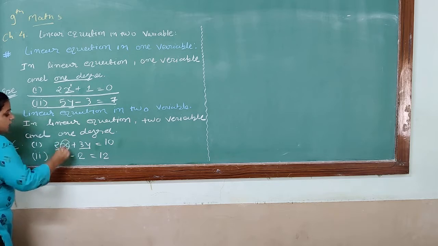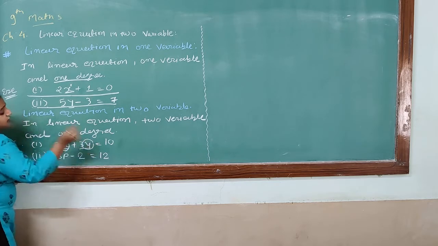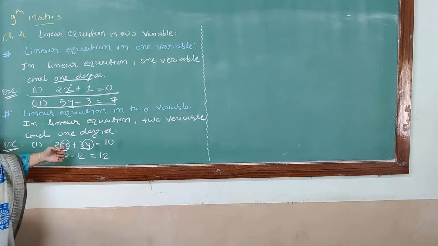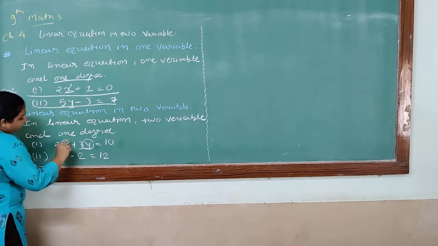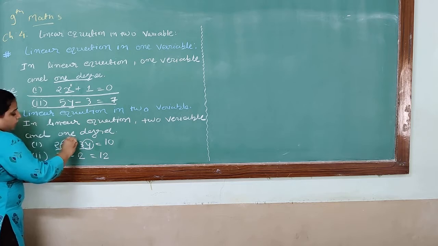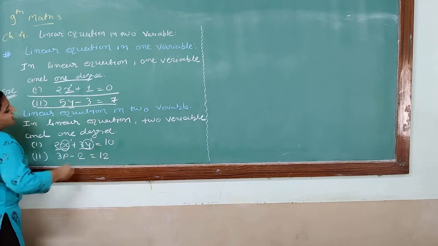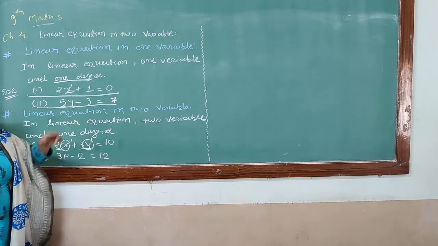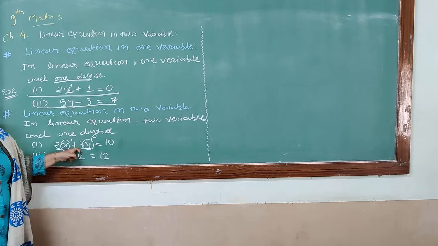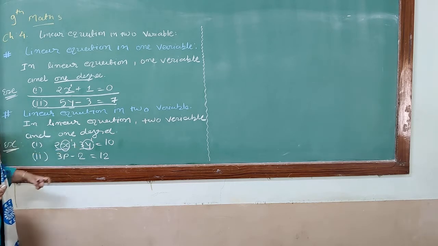So x is one variable and y is another variable. In this linear equation, two variables are there, but if you notice that x also has one exponent and y also has one exponent, that means the degree of the linear equation is 1. So we will consider it as a linear equation.